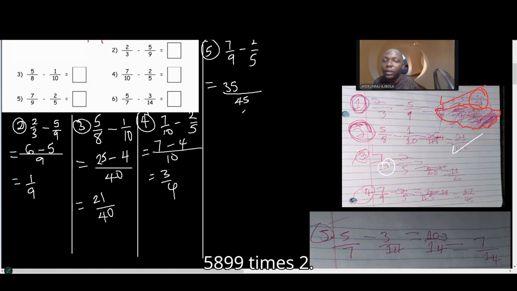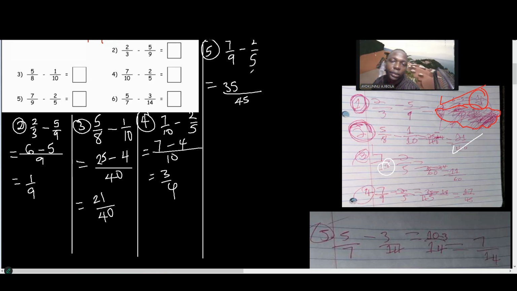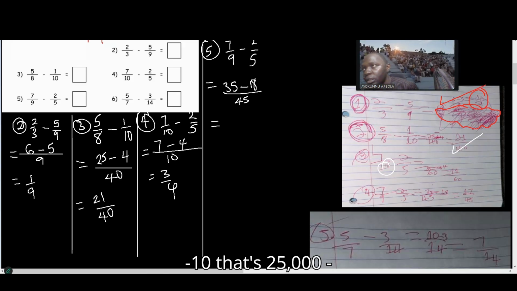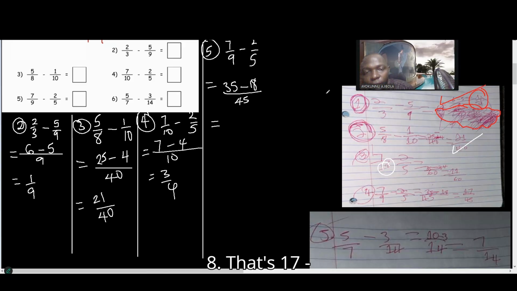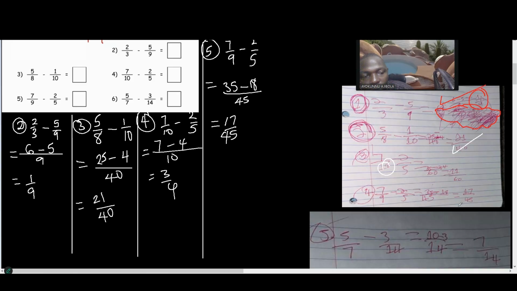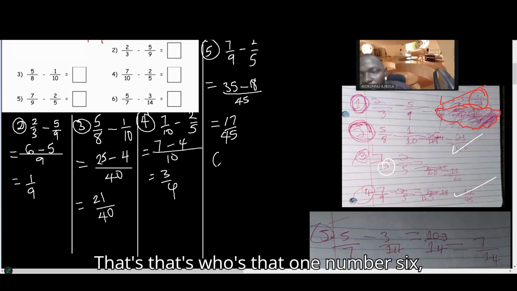And 5 here, 9, 9 times 2 is 18. Minus 18. So I'm going to say minus 10, that's 25. Then minus 8, that's 17. 17 over 45. And that settles that one.